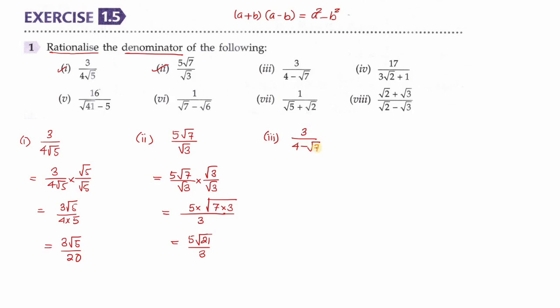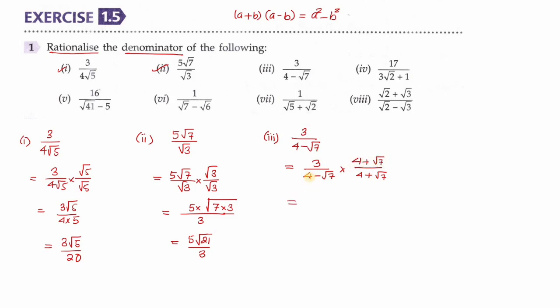You cannot say I have root 7, so I'll multiply only by root 7. No, you cannot do that. Here we have a minus b, so you have to multiply by a plus b. So it is 3 by 4 minus root 7, and we will multiply by 4 plus root 7. This 4 plus root 7 is called the conjugate. Basically we have to multiply by the conjugate.